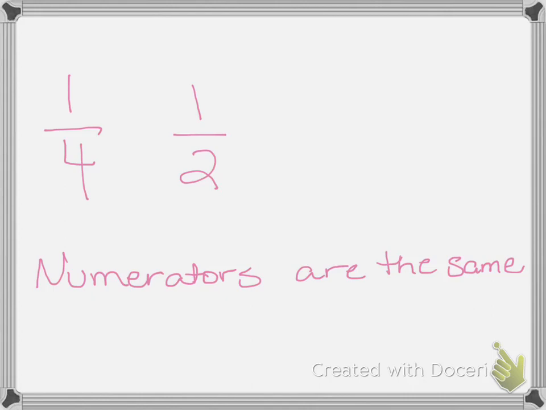So if I have 1/4 and I have 1/2, which of those pieces is smaller, the 1/4 or the 1/2? Well, the 1/4 are smaller, so therefore 1/4 is less than 1/2. So we don't really have to think about that.